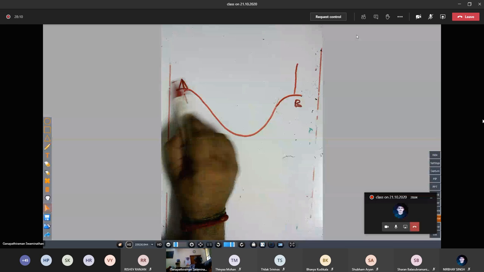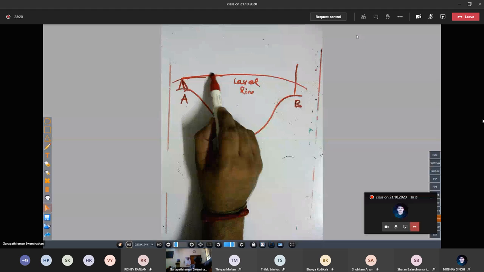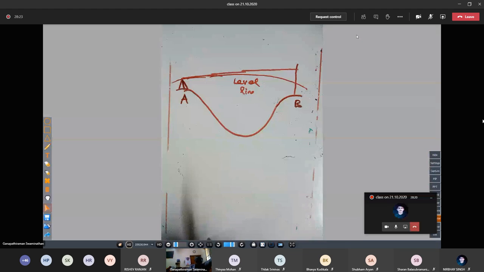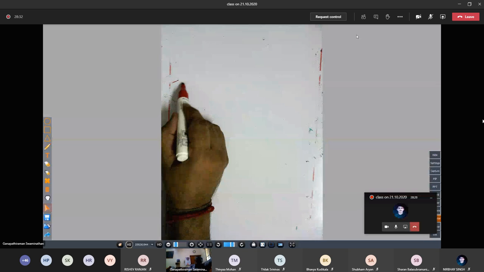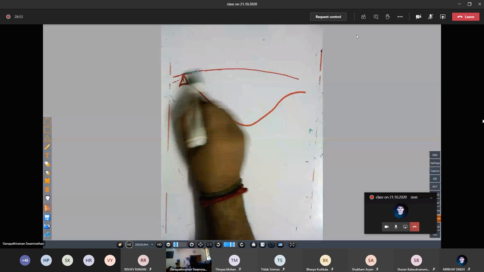This is the level line, and this is your horizontal line.